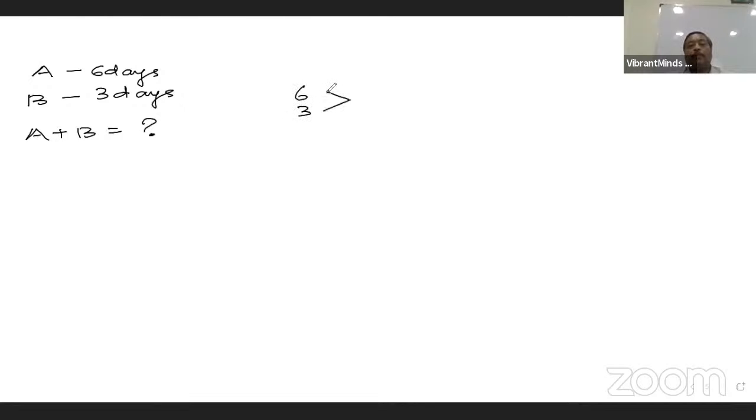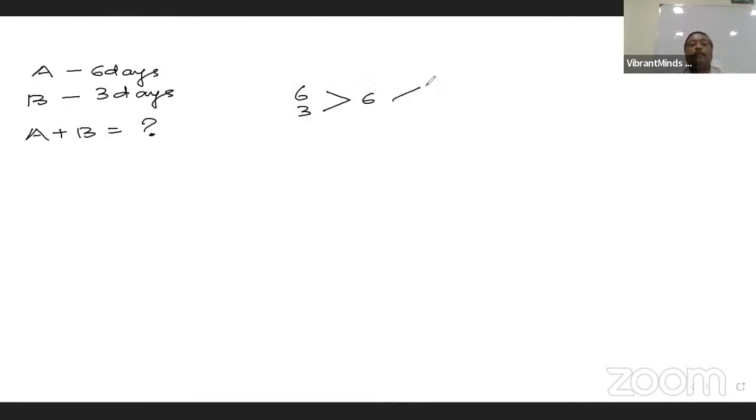So the question says, A can complete a work in 6 days. B can complete it in 3 days. And the question asks, A plus B work together in how many days? So again, LCM approach, 6, 3.